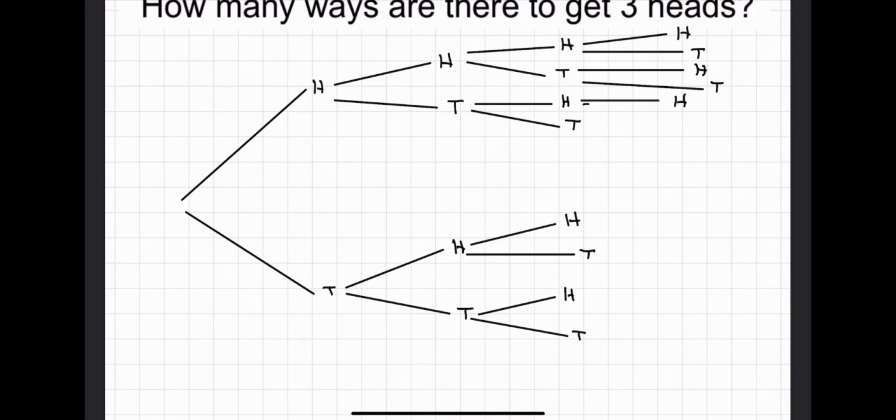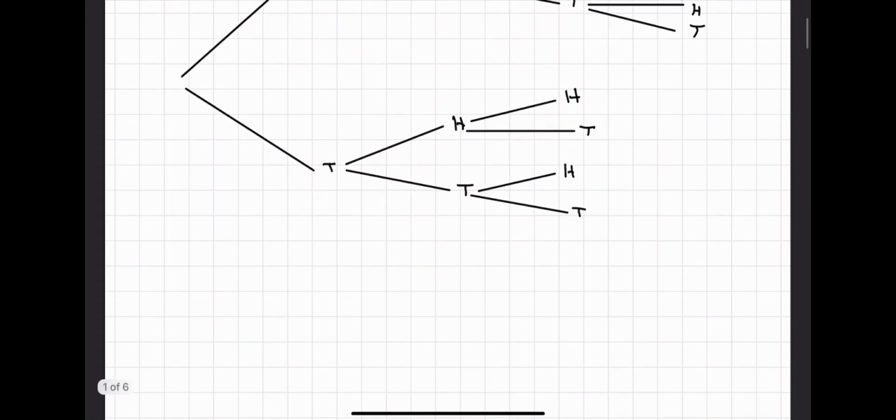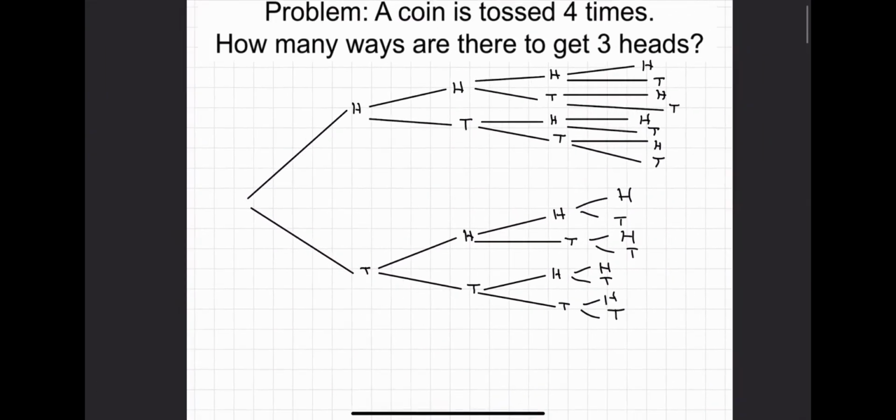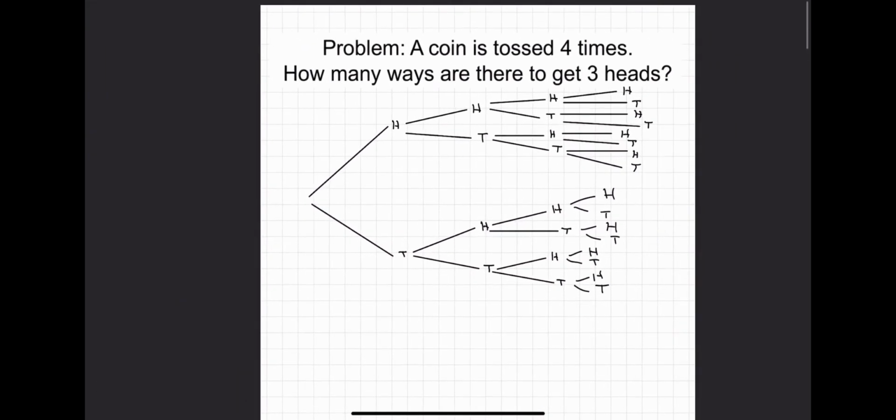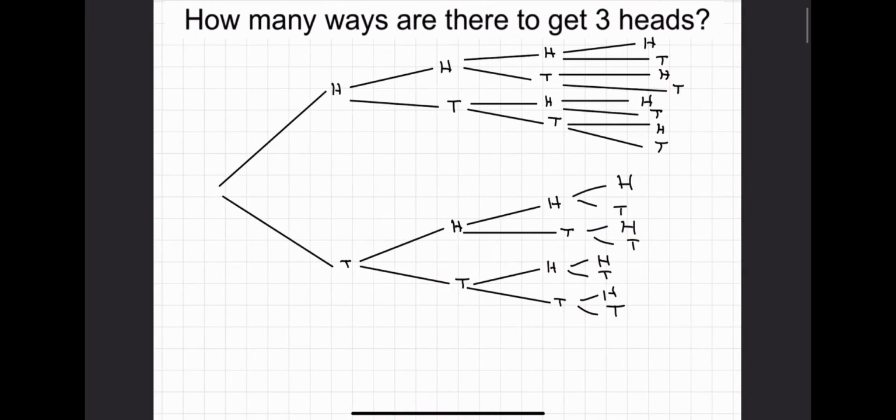Heads, tails, heads, tails, and then final over here, heads, tails, heads, tails, heads, tails, heads, tails. I've already forgotten what the question is by now. We've done this so many times. And now it says, how many ways are there of getting 3 heads?